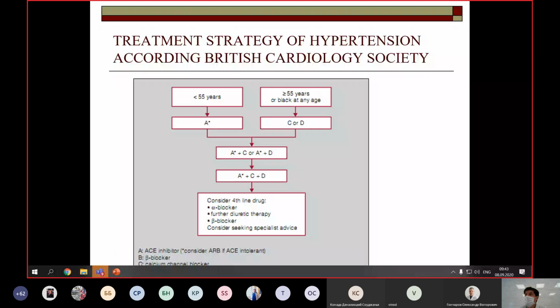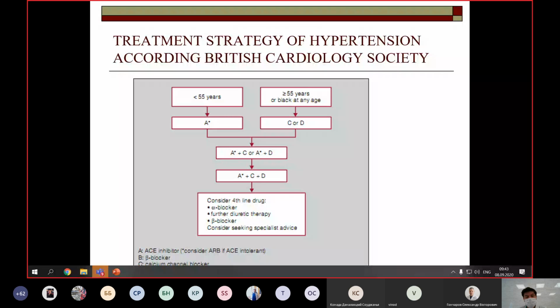NICE is the National Institute for Health and Care Excellence, the experts of the UK. To produce a clear recommendation for a patient having hypertension, you should know only two things: age, younger or older than 55 years old, and race, white or other.